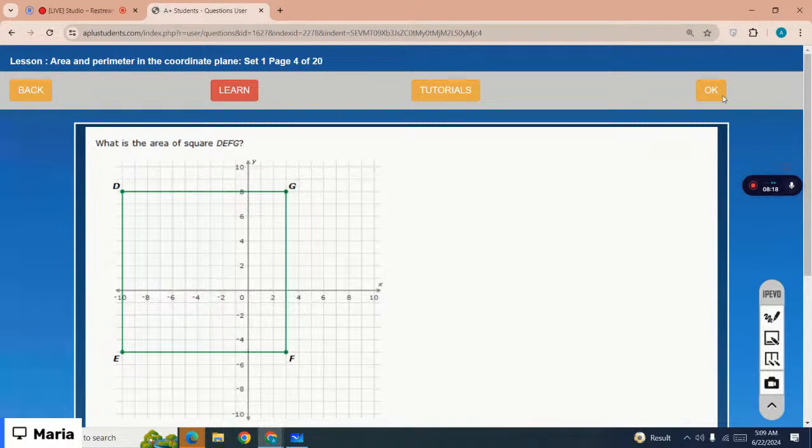What is the area of the square DEFG? Let's just find the side lengths, right? Find the coordinates first.